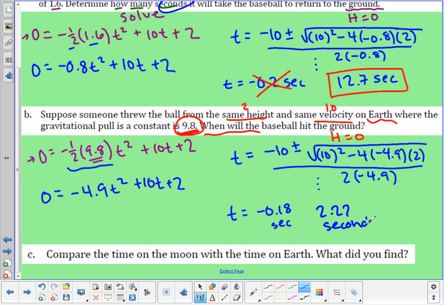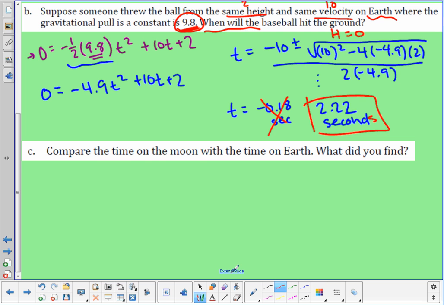Now, again, we're talking about time. It doesn't make sense to have a negative time, so that one's got to be out. This has to be my answer, so 2.22 seconds there. And then in part C, it says compare the two. What do you notice between the time it takes the baseball to land on the moon and the time it takes the baseball to land on the Earth? On Earth, it's much faster. That's what I notice.